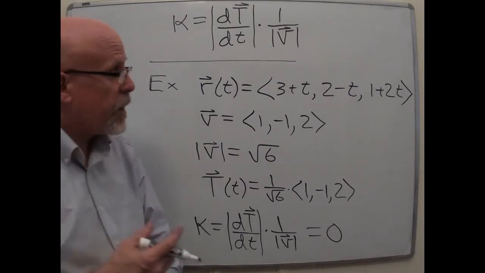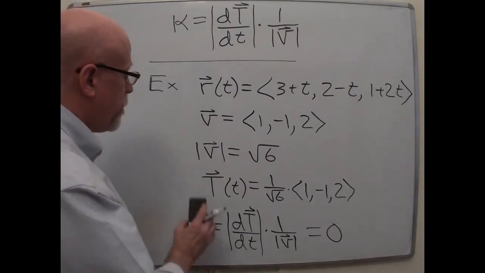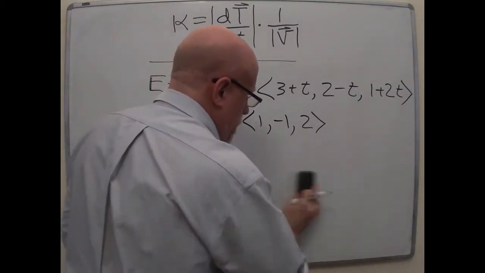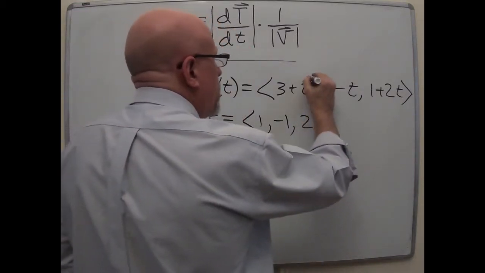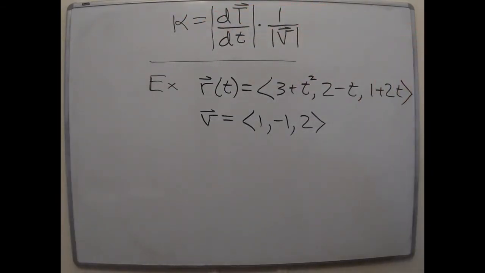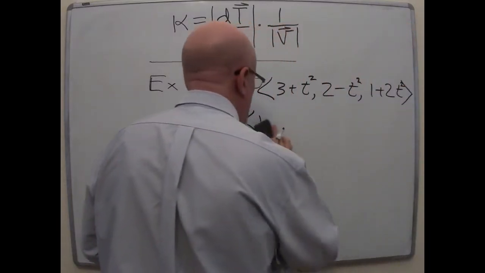I could change that, and I think it might be instructive for us to change that by putting all of these t's, all these t's will become t squareds. Now I'm not moving in a straight line fashion anymore.